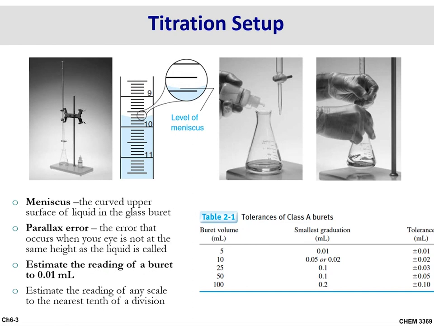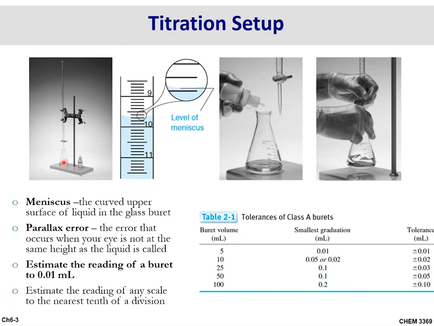And in order to see it better, this base should be white. Or since most of our stands are kind of old, to improve the visibility, you can always put a small piece of paper under the Erlenmeyer flasks to help you view this indicator change.